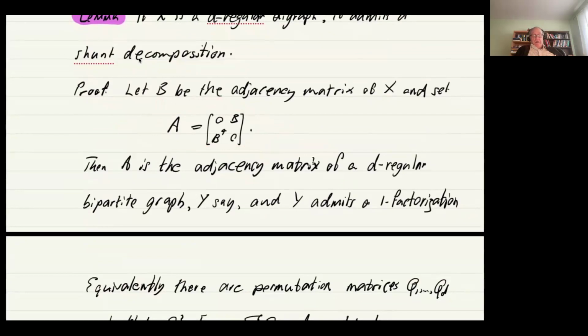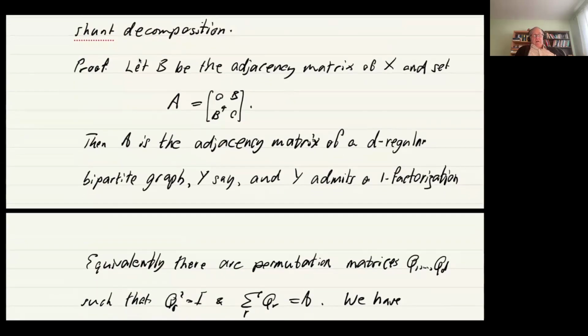It's a d-regular bipartite graph. Now, the theorem we teach the kiddies is if you have a k-regular bipartite graph, it has a 1-factorization. You can color the edges with k colors, so that each vertex is on exactly 1 edge of each color. This is a consequence of Hall's theorem. So you can always find that.